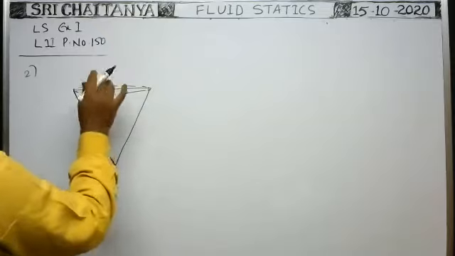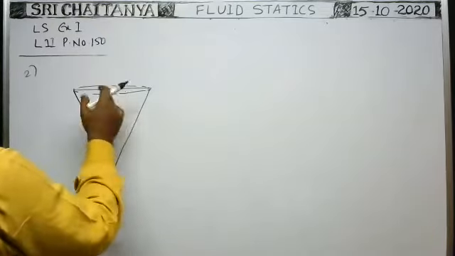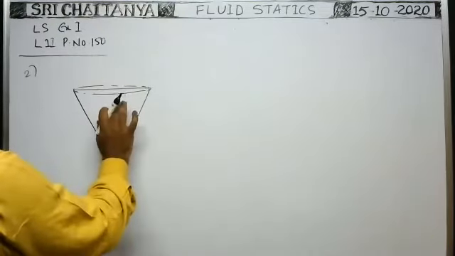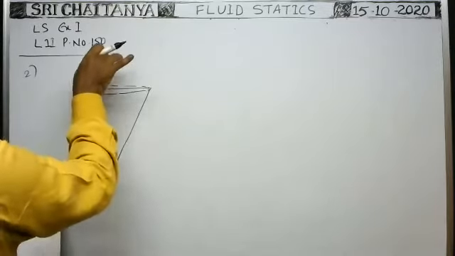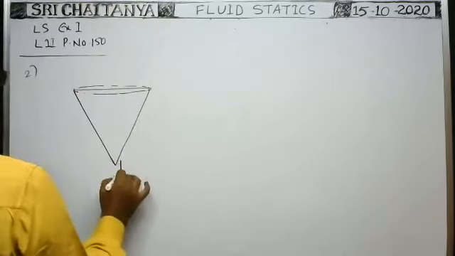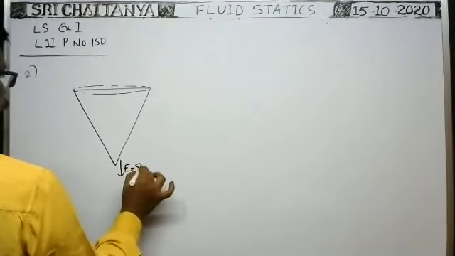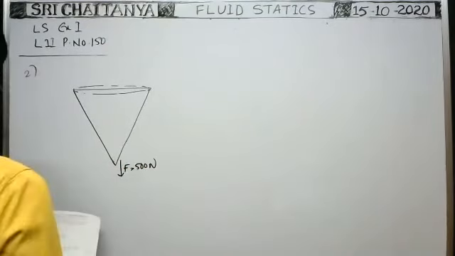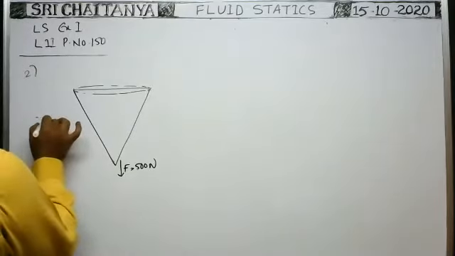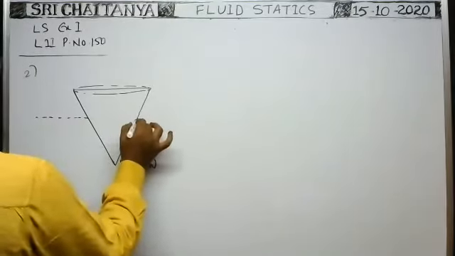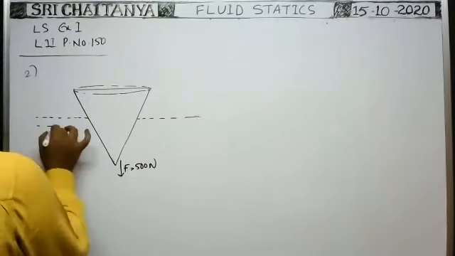A light circular cone means the weight of the cone is negligible. It is kept over the surface of the water and it is pressed downwards by a force F equal to 500 Newton. Then the depth up to which it will submerge. Suppose it submerges up to a certain depth, like this.